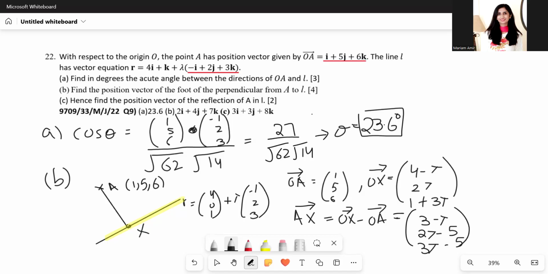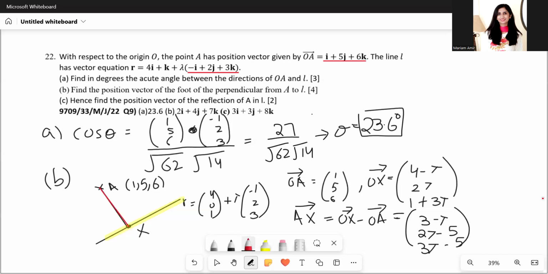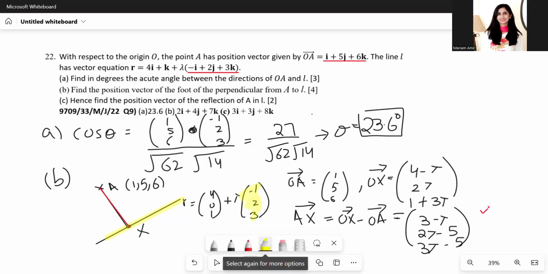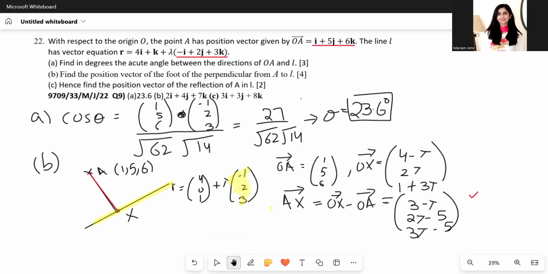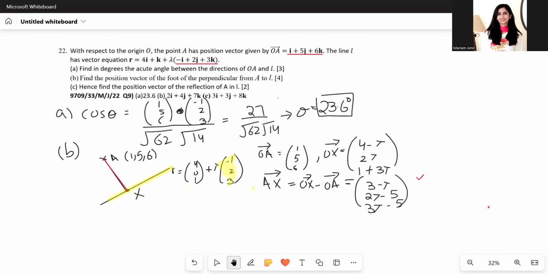Now, what we observe is that the dot product of this AX, which we just found, and this direction vector here would be 0 because these are perpendicular to each other. So we find the dot product of AX with the direction (negative 1, 2, 3).